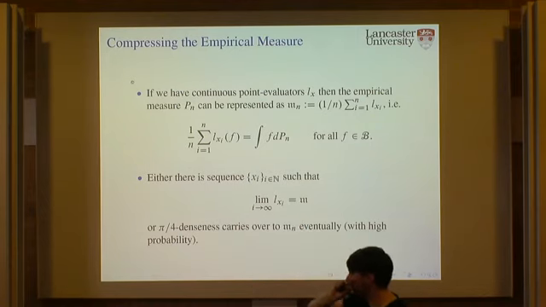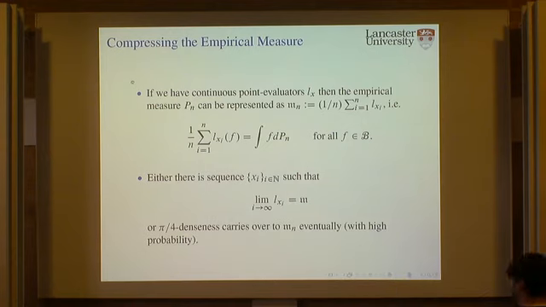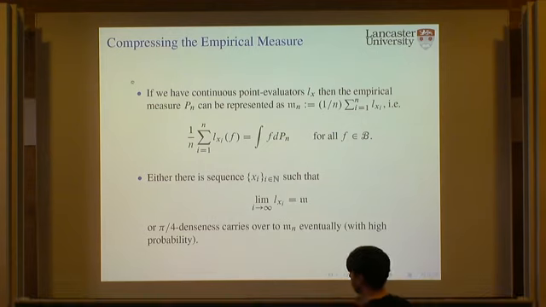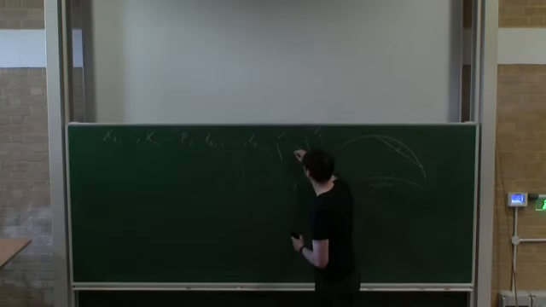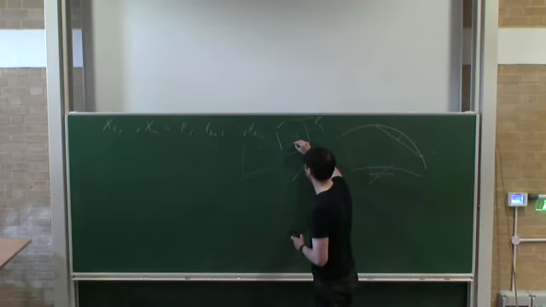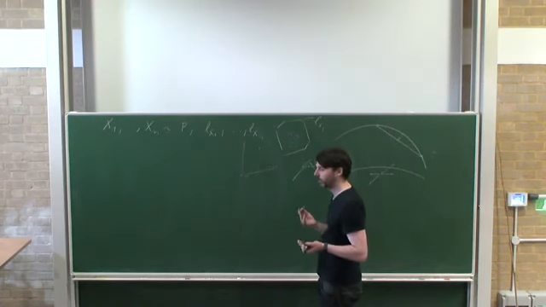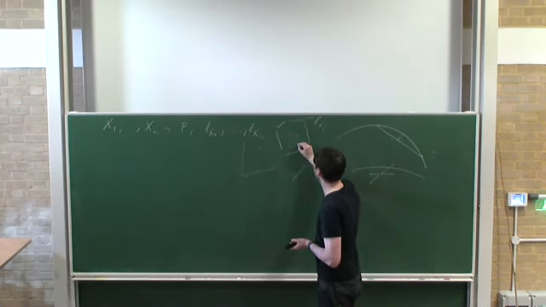The second thing that can happen, and either of these two will happen, is that this p-quarter denseness property carries eventually over from M to my approximation Mn. This is where my approximation error from the UCLT is good enough. So I have somewhere a true M, and then I have my representation of my empirical measure, say Mn.